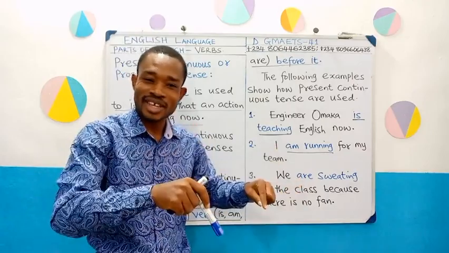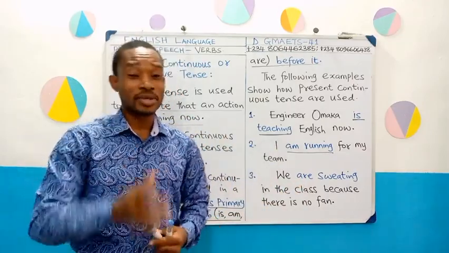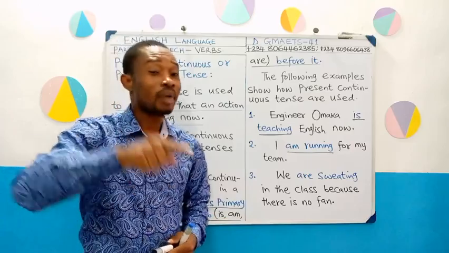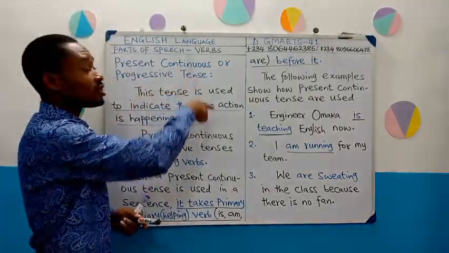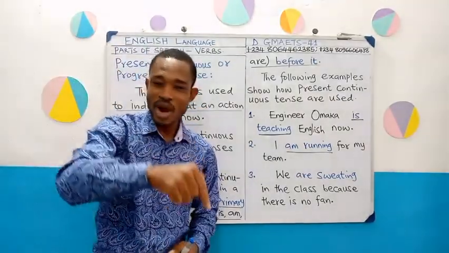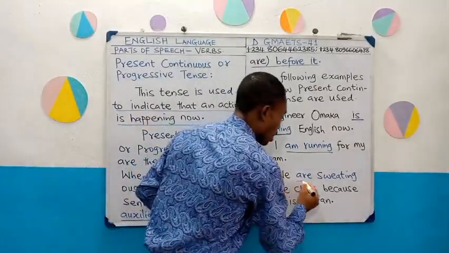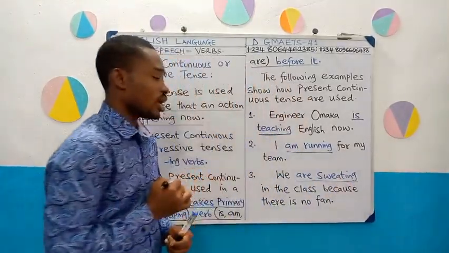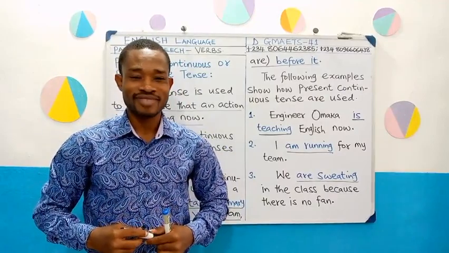I'm saying this because you remember I have taught you about modal auxiliary verbs. The one we use in present continuous tense is the primary auxiliary verb, which is present. So, we are sweating. Are sweating is the present continuous tense there.